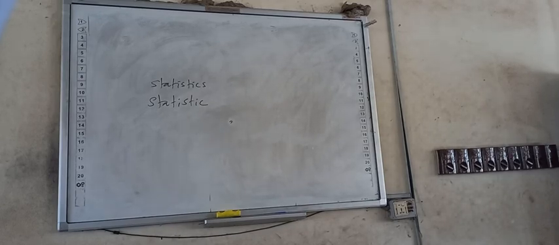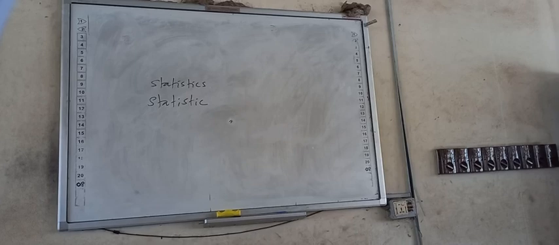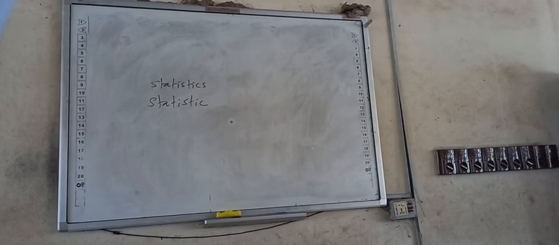Those that deal with numeric value, the mean, the mode, the median, mean deviation, variance, all those ones come under descriptive. So under descriptive, out of the definition, three things will come in.